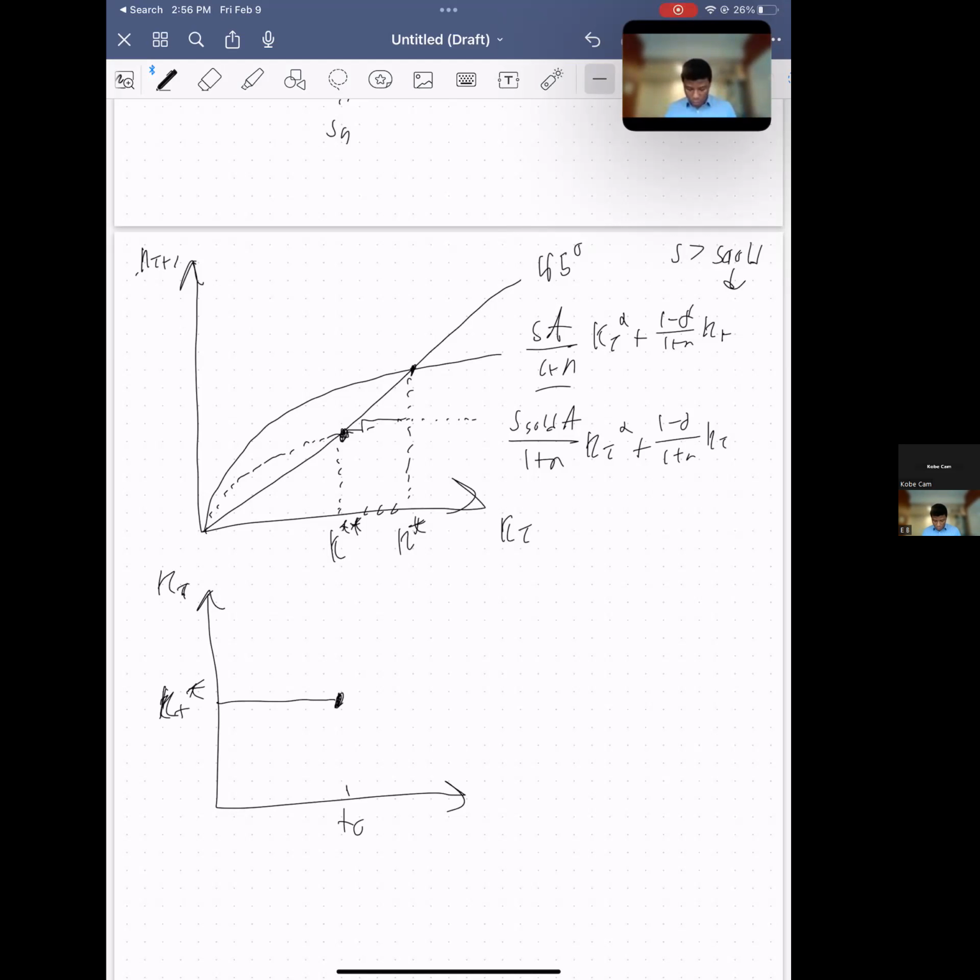So we're going to smoothly go down until we reach this new steady state K_T star.